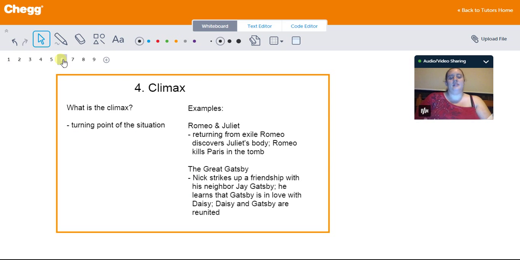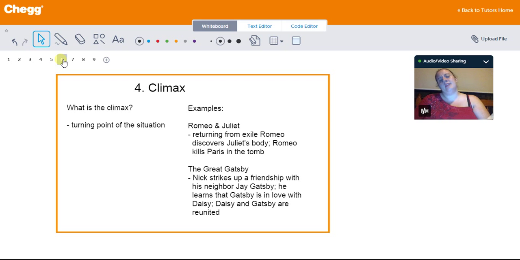But this is at the point when Romeo returns to Verona after facing exile and finds Juliet's body. Now, mind you, Juliet isn't actually dead, but he doesn't know this. And while he is in the tomb with her, Paris arrives and Romeo proceeds to kill him.